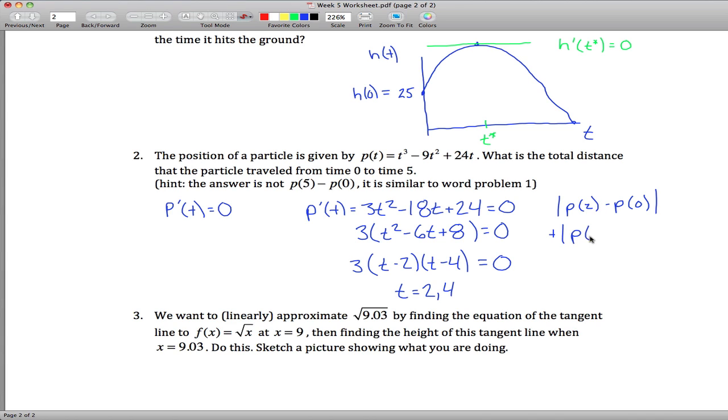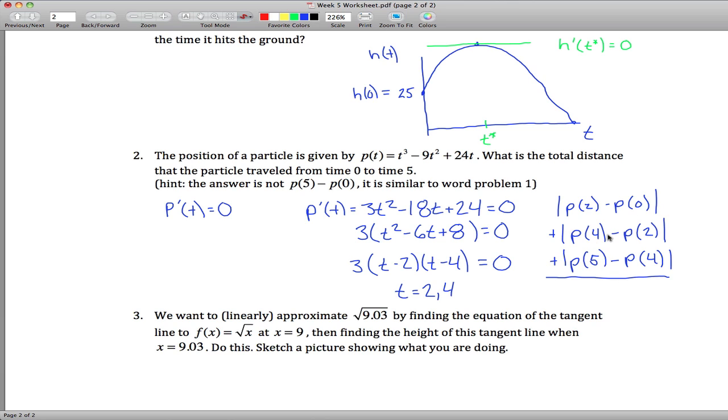And then we want to add to that how far it traveled between times 2 and times 4. Right? We know it didn't turn around anywhere in that interval, so we'll just figure out the difference in those two. And then finally, we want to know up to time 5. So we'll have to add in the position at time 5 minus the position at time 4.